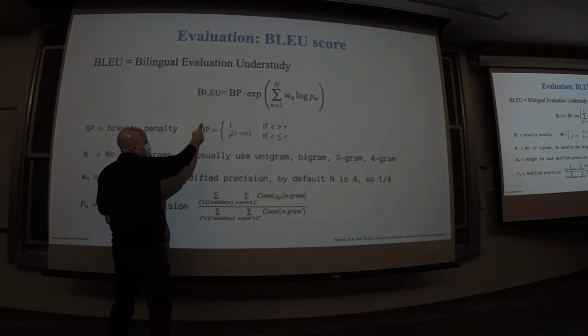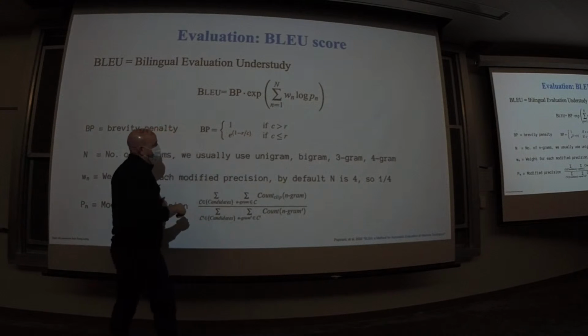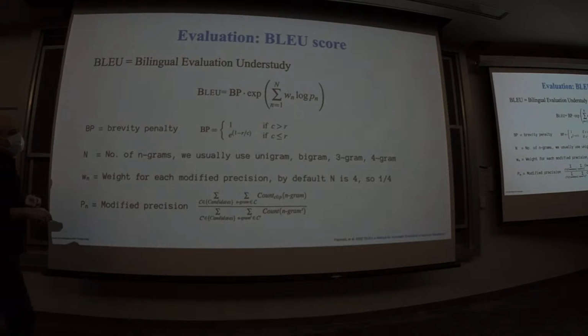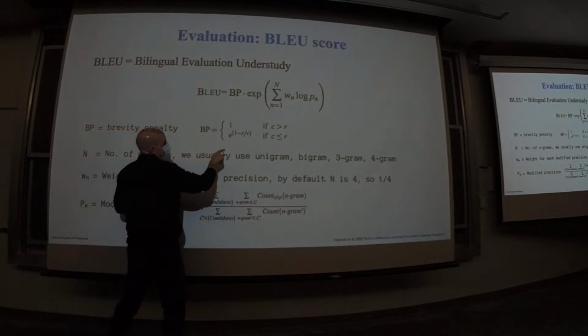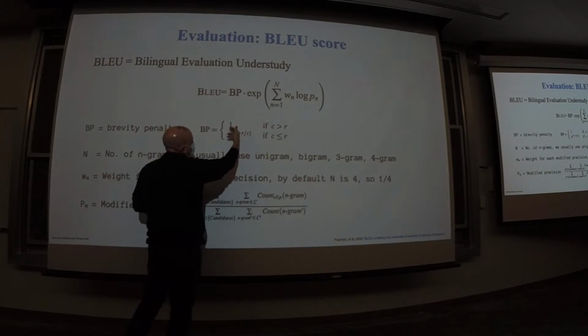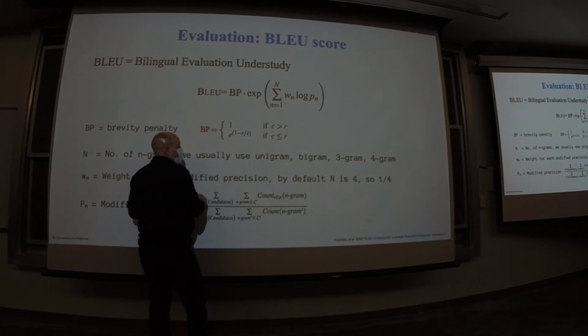So you have this penalty here, where there's an expected length for the translation, represented by R here, and the actual length by C. If the actual length goes beyond that, then I start to reduce the score by this exponential factor.